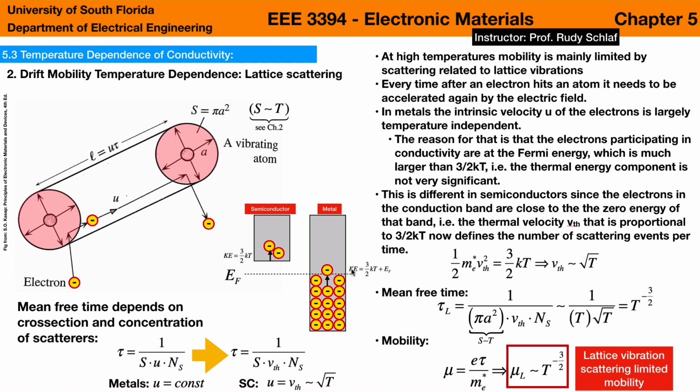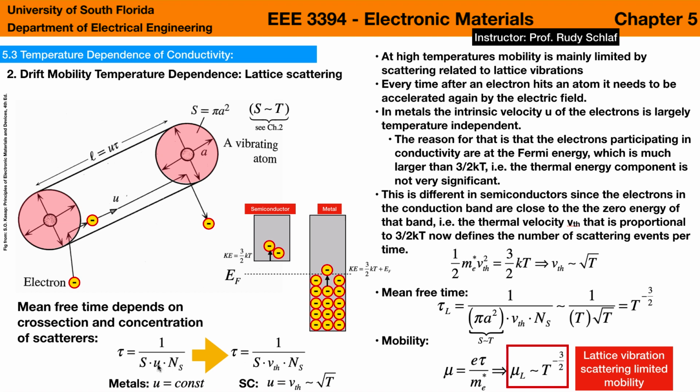And that means here in metals the velocity can be regarded as pretty much constant, while in semiconductors it will vary fairly strongly with the temperature. So that is the main change between what we did for metals and what we do now for semiconductors.